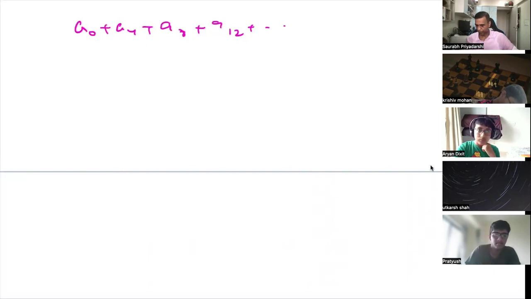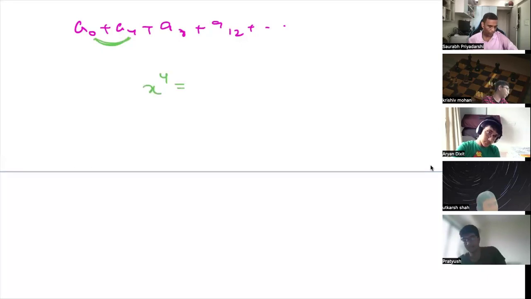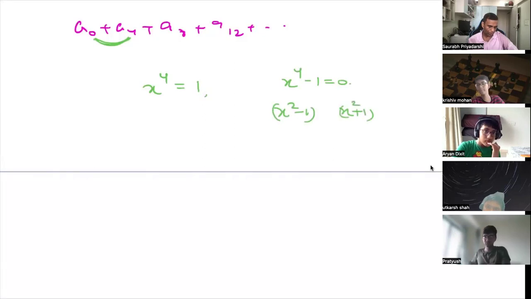Done. Yes, sir. Sir, 1 plus minus root 1 plus 4 into i plus 1 whole by 2, something like this is coming. Very good. See what you have to do now: the difference of these two is 4, right? So you have to put x to the power 4 equal to 1, and x to the power 4 minus 1 equal to 0, means x square minus 1 times x square plus 1 equal to 0.